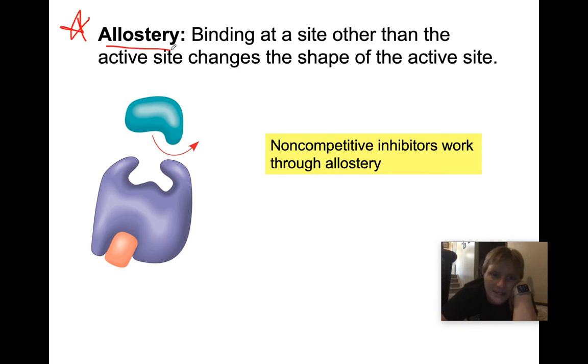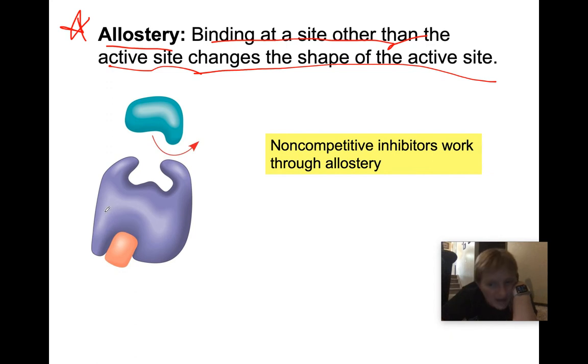Allostery is basically what that non-competitive inhibitor was doing. It's binding at a site other than the active site that changes the shape of the active site. Our cells do a lot of this, where we change the shape of things by binding to different parts. So non-competitive inhibitors work through allostery, where they bind to the enzyme and it shifts.